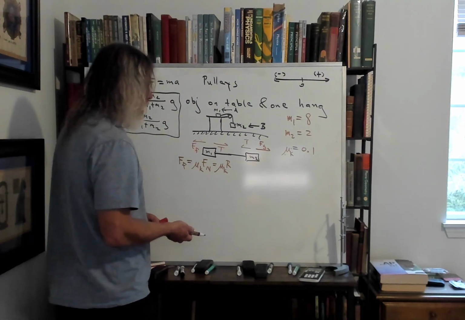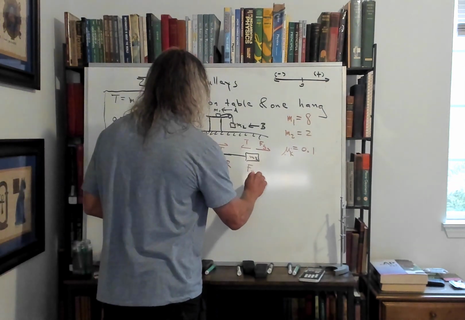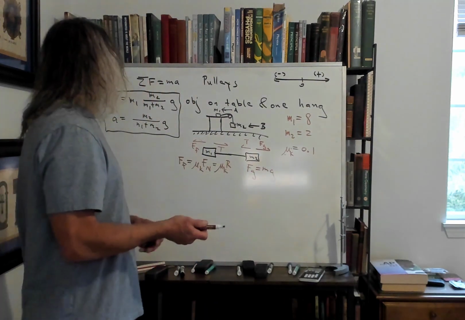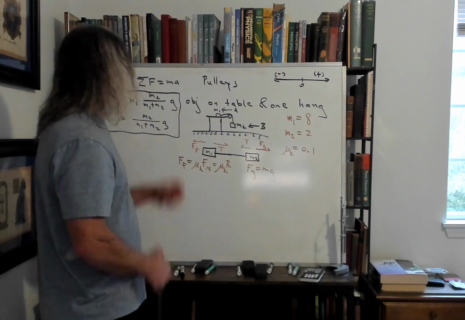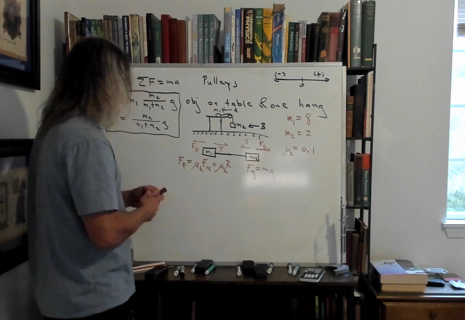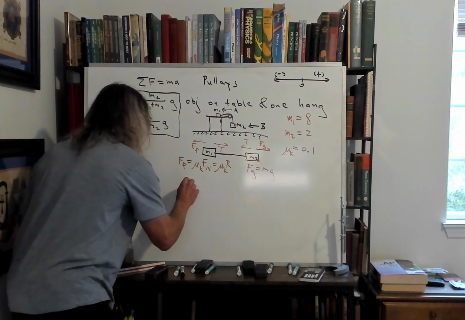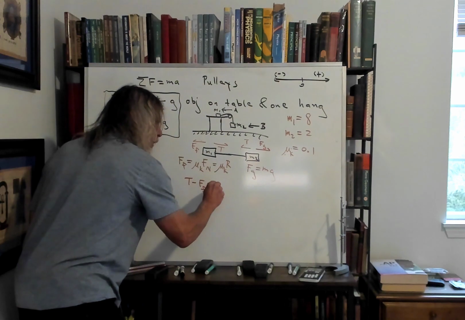We know the tension. Fg is just mg. And so now, if we do our Newton's law thing with this one, we got tension to the right, so it's positive, minus the force of friction is M1A.